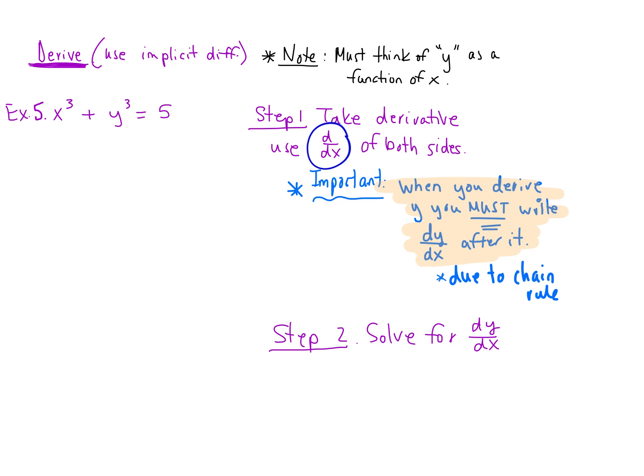So anytime you take the derivative of y, you have to write dy dx after it. That's going to affect our answer. It's going to make it just a little bit different than what we were doing before, but we're still just taking the derivative. But if you take the derivative and y is there, you need the dy dx.